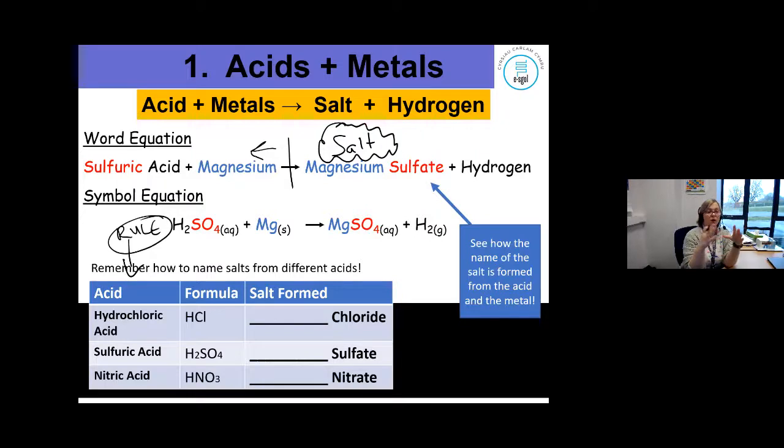It doesn't matter whether we're on the MASH trigger word or the CASCO trigger word, the rule is always the same. Treasure hunt, look for a metal somewhere. That's the beginning of the salt name. And then look at what the acid is and apply the correct ending. If it's sulfuric, add the word sulfate. If it's nitric, add the word nitrate.